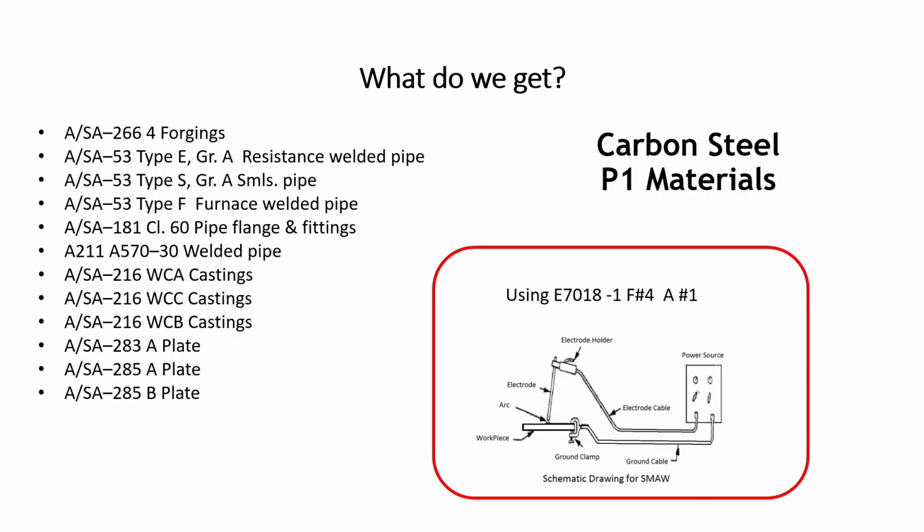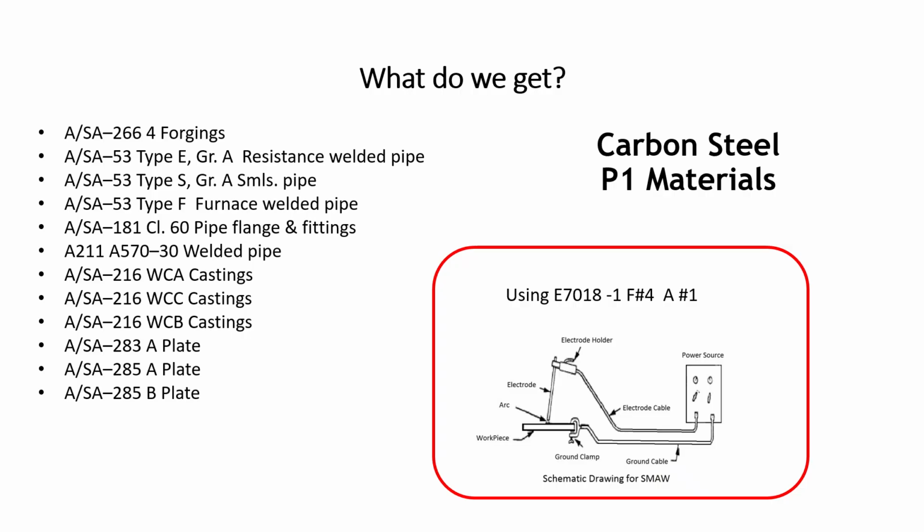So this is what we get. If you go through that table, this is some of the materials that are listed as P1s. We've got forgings, resistance welded pipe, seamless pipe, furnace welded pipe, castings, flange fittings, welded pipe, plate, whatever. So we can weld forgings to plate.